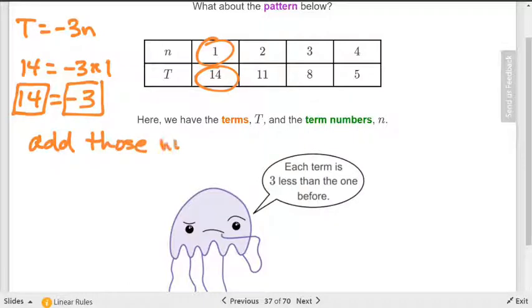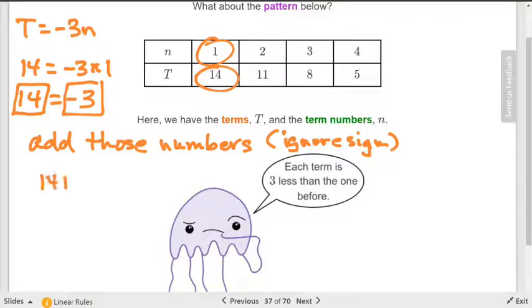Ignore the sign. So it's 14 plus 3, which gives you 17. In other words, what would you subtract 3 from to get the 14 that you need? 17. And you can always find that by simply adding those numbers.